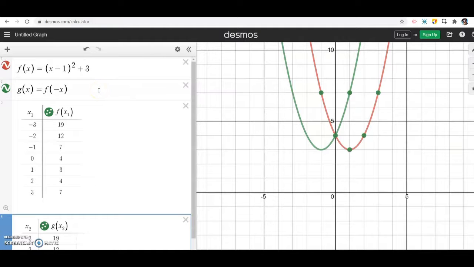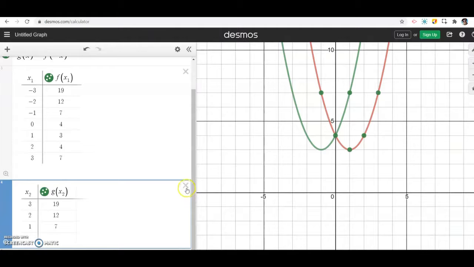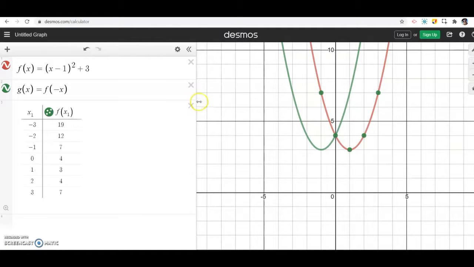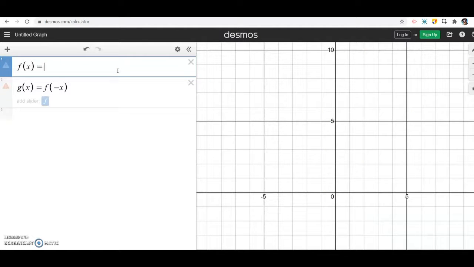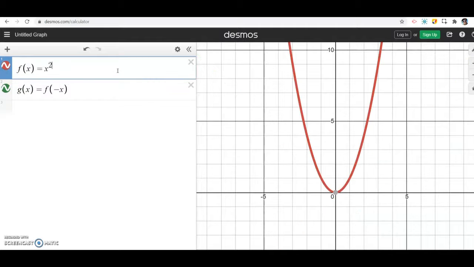All right, we've got a couple last ones to do, and let's wrap this up. Let's get rid of all this and go back to our original parent function, x squared. Now what we're going to do is put a multiplier.